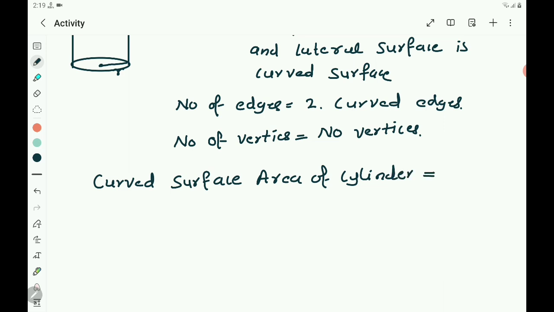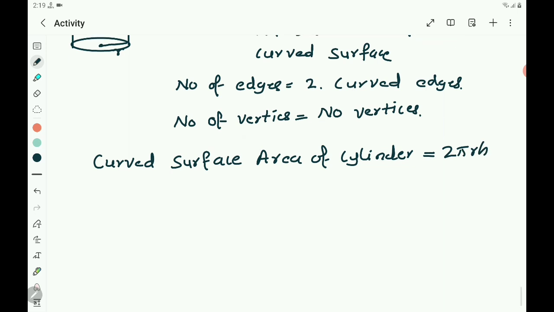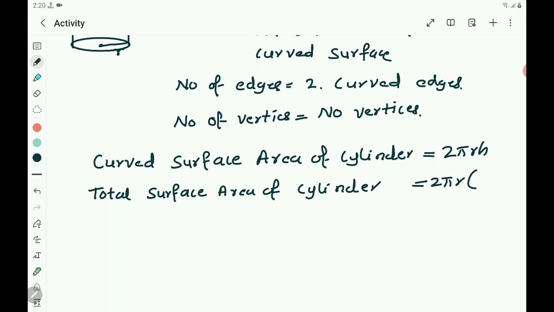Equals 2πrh. Here h is the height, r is the radius. Then total surface area of the cylinder is 2πr into (h plus r).